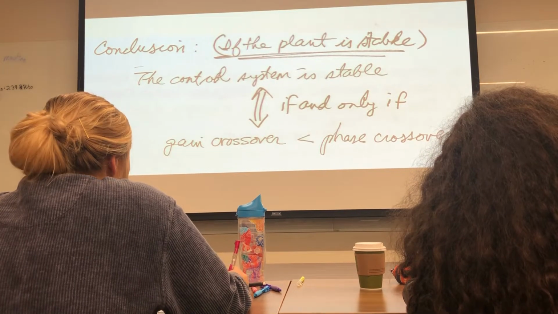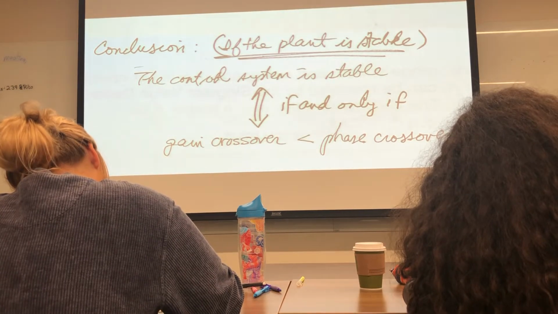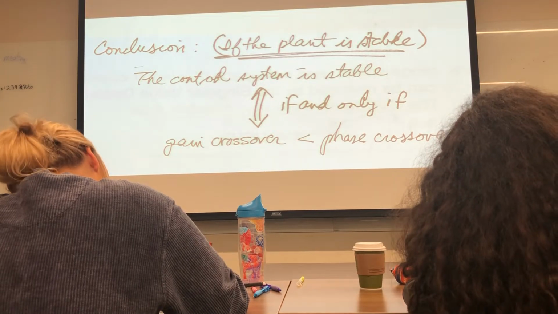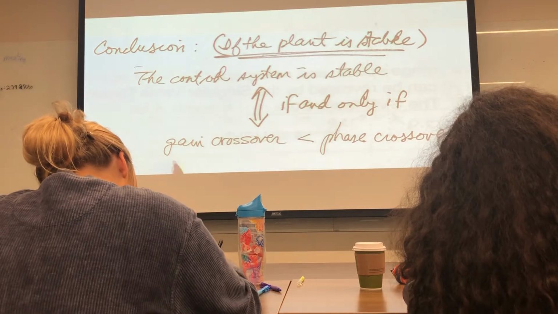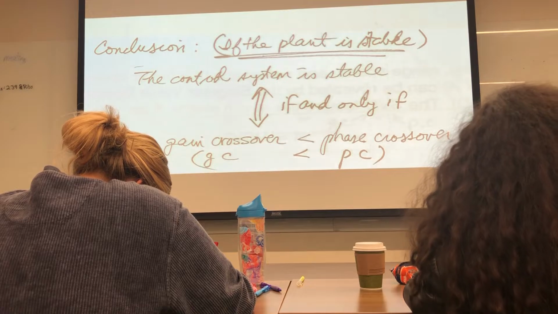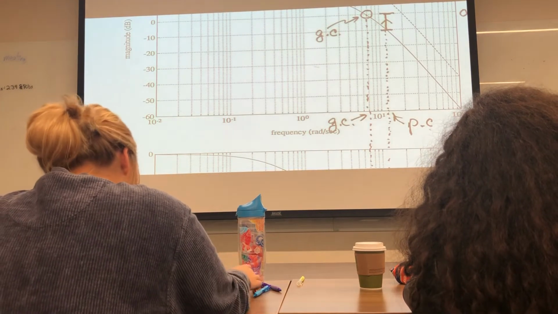Don't use this theorem, don't use this observation, if the plant is unstable. If the plant is stable, then we can conclude that the control system will also be stable if and only if the gain crossover is less than the phase crossover. That's what we have in our plot. Gain crossover is less than the phase crossover.